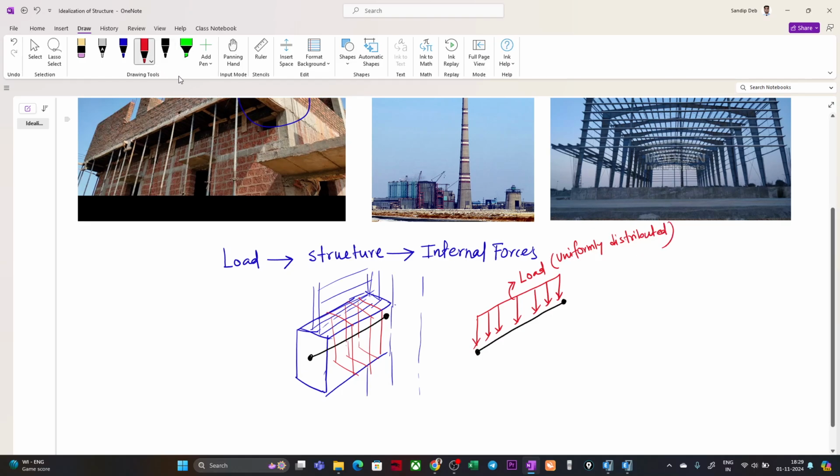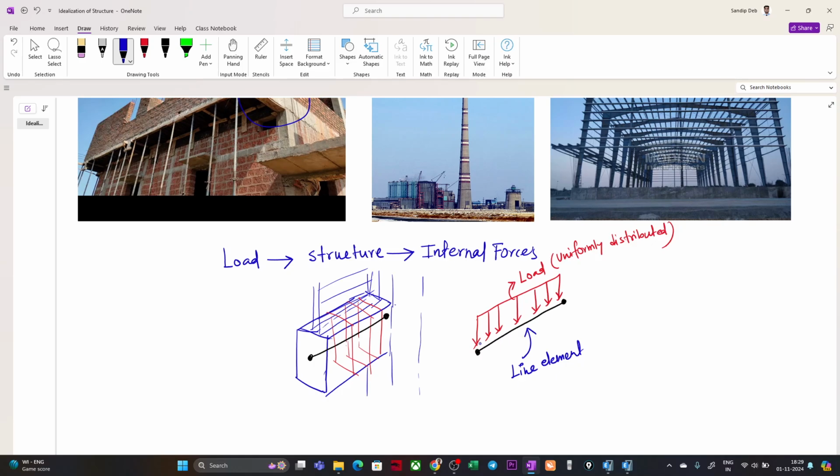Here I have a line element, which in the real-life physical structure is a beam, a three-dimensional element, right? So a block. What we have done is that the beam is idealized as a line element, and the brick walls are idealized as uniformly distributed loads on the line element.